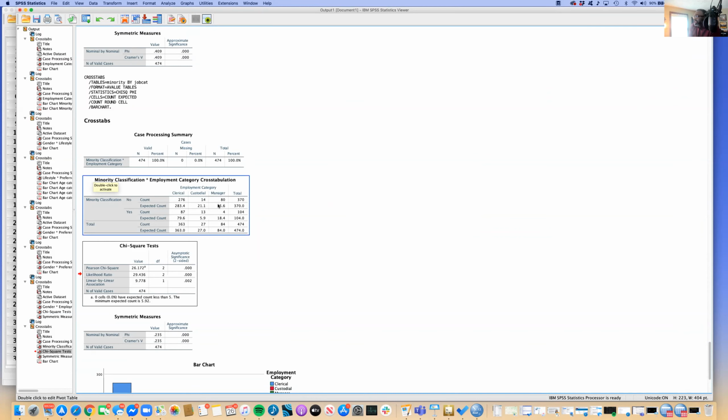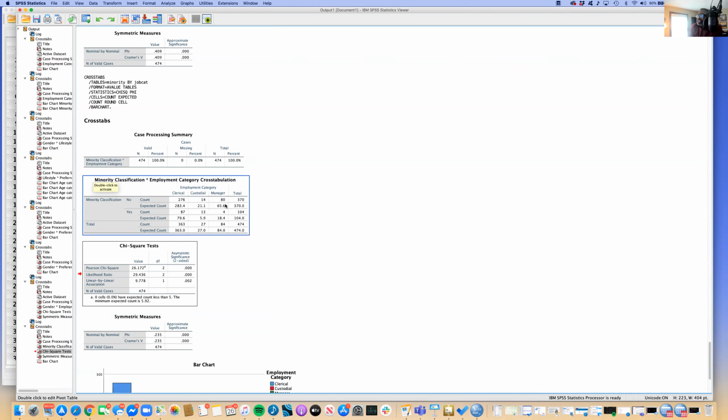So for folks who are not minorities, they are overrepresented among managers.